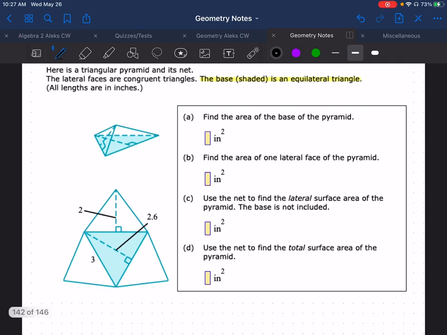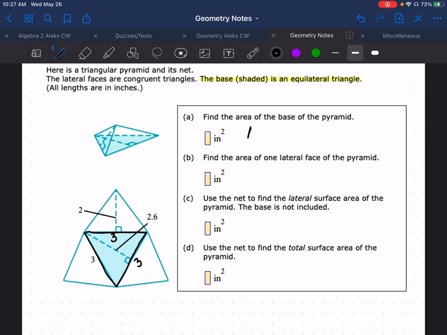So let's look down here. I'm going to put that all of these are 3. And I'm going to darken them in on the base, just so that I remember. They're going to ask you to do 4 questions. The first one is to find the area of the base of the pyramid. The base is that triangle that I just highlighted.